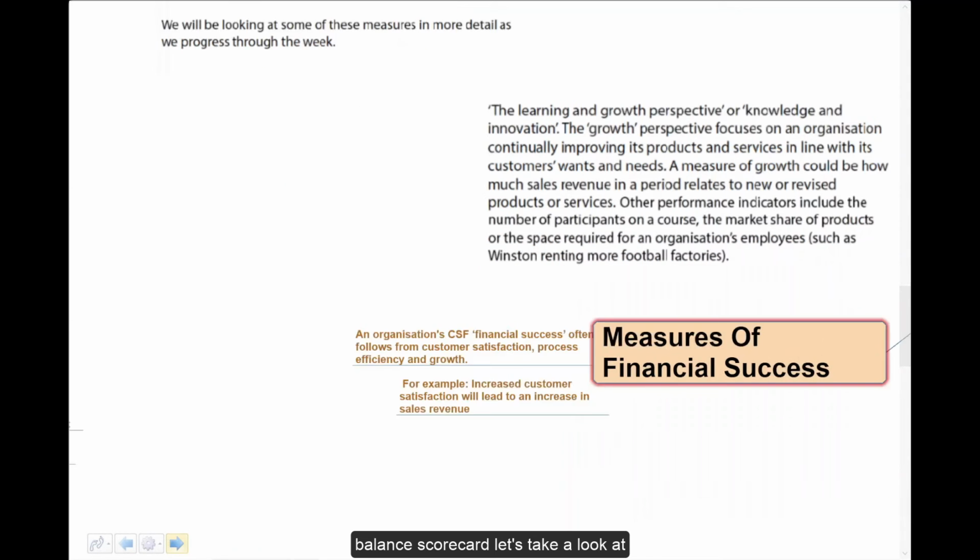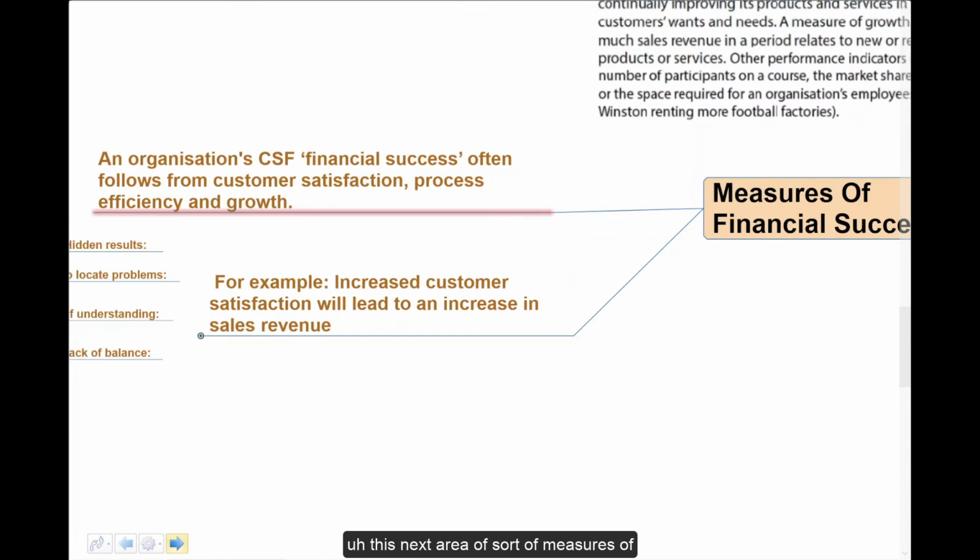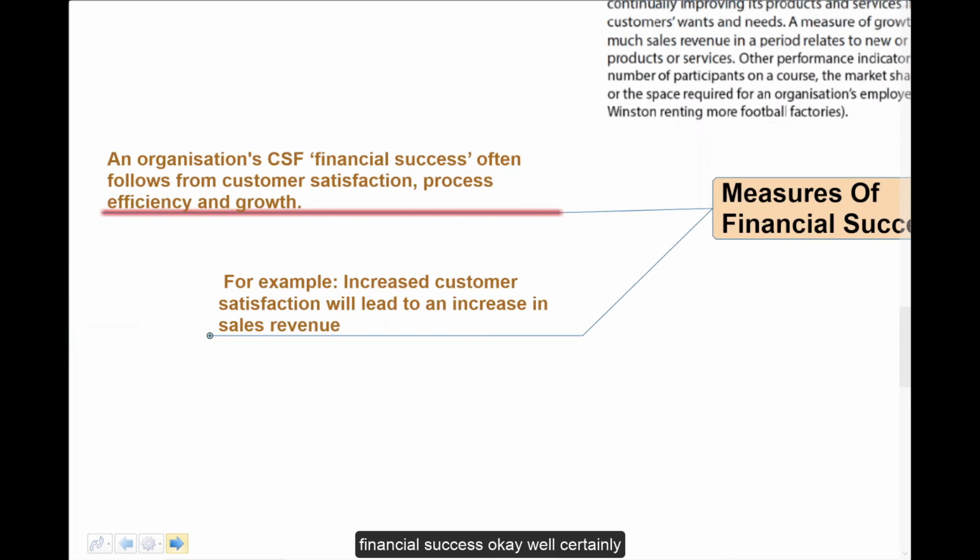Let's take a look at this next area of measures of financial success. Certainly, financial success, when we think about the financial perspective, a la Kaplan and Norton, the balanced scorecard, it's got to come from the other three areas. If your customers are not satisfied, if your processes are really iffy, glitchy, rubbish, if you're not focusing on growth, new products, training, etc., then you can forget about financial success, I would suggest.